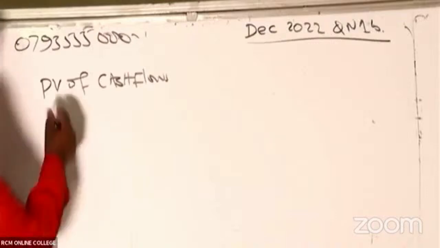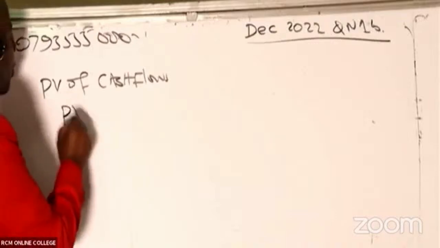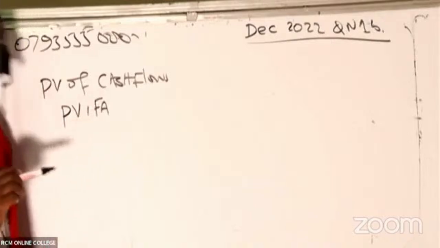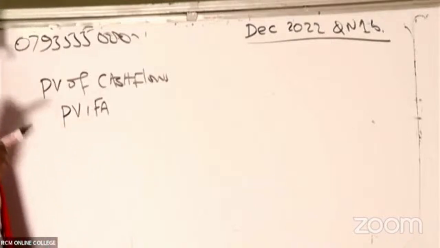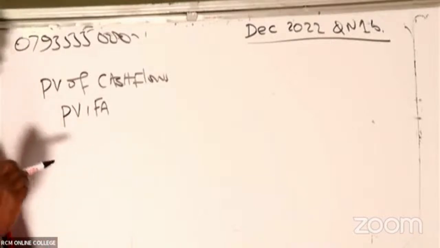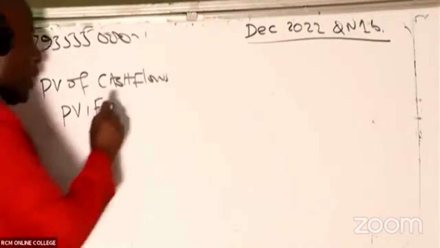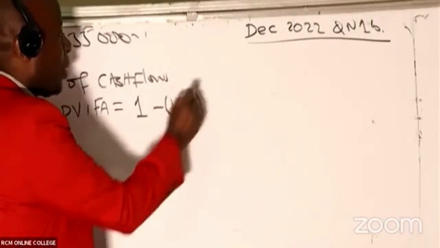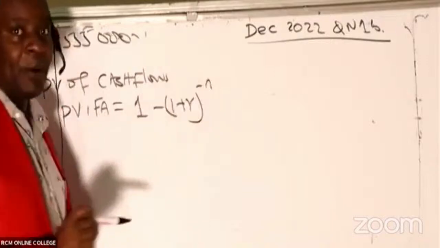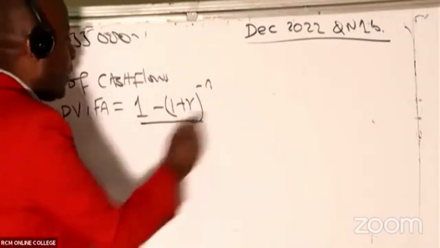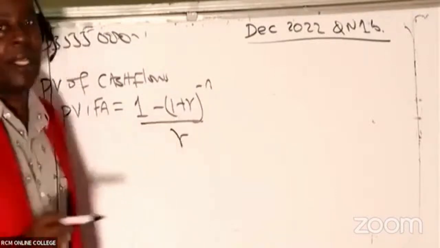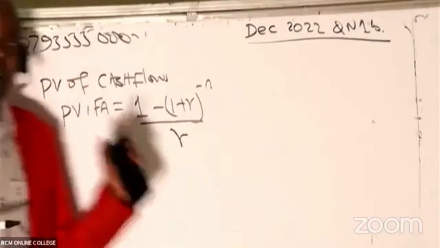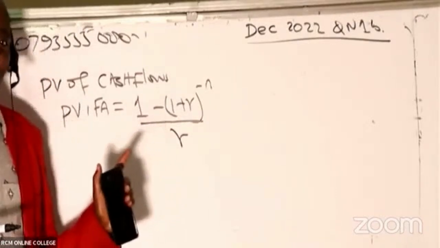So the very first thing that I would expect my students to do, because this will never be given to you in AFR, is to calculate the PVFA, the present value interest factor of an annuity. And we know the formula really. It is 1 minus 1 plus R raised to negative number of years, and then you divide everything by R. Remember, R is the cost of capital, which is 15%.